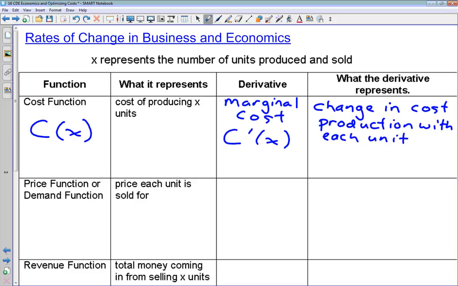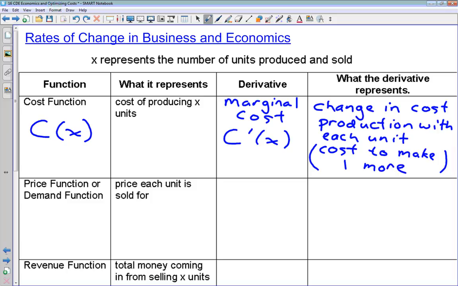So usually you can think of this as if you decide to make one more unit of whatever this product is above and beyond what you're already producing, how much is that going to add to your total costs? So we can sort of say that this is the cost to make one more thing of whatever you are making.